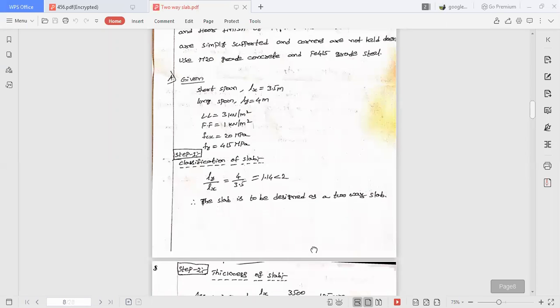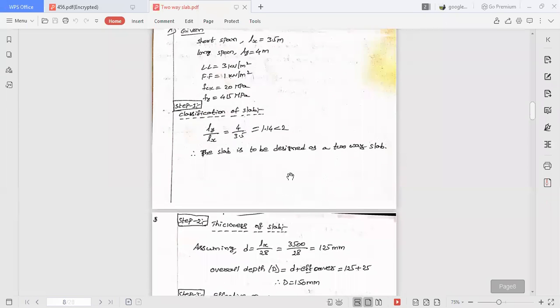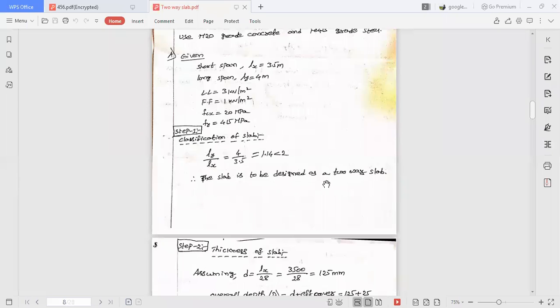What is the dimension of the slab given in the question? 4000 by 3500. And the width of the support is not given here. Okay, let us assume 300 mm.